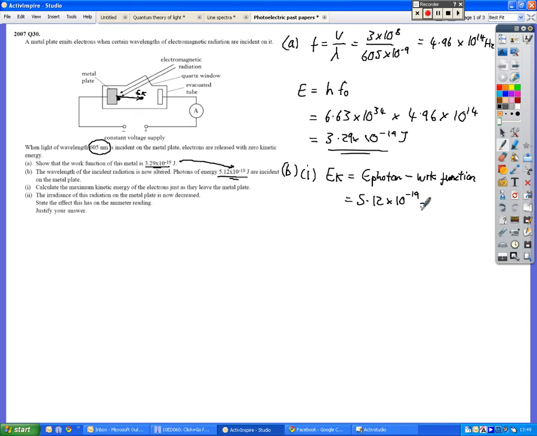The energy that it gives up, the minimum amount of energy required to eject an electron to the surface, is the work function. And anything that's left over can be used to propel the electron away from the surface. So it's used as kinetic energy. So that's 1.83 times 10 to the negative 19 joules.